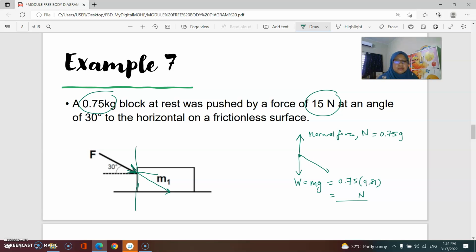If this is 30, this will also be 30, so we have 30 degrees here, and then we have 15 Newton. And how about the surface? Here it is mentioned it is a frictionless surface, so we don't have any friction force. So this is the free body diagram for example 7.